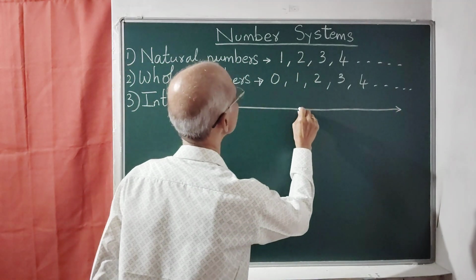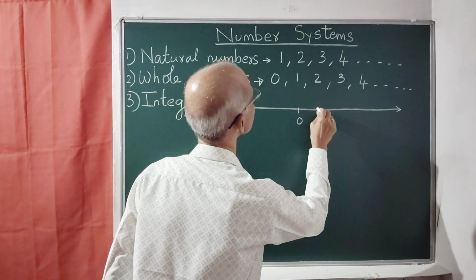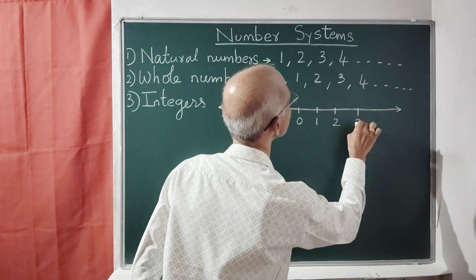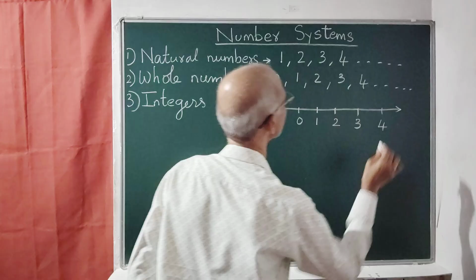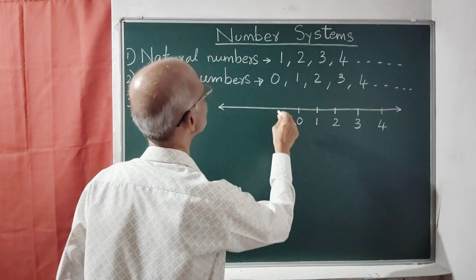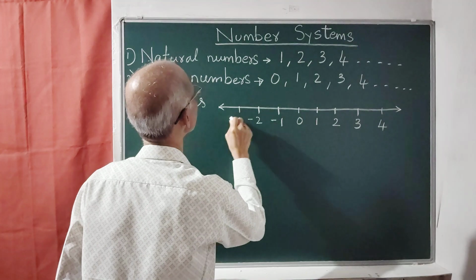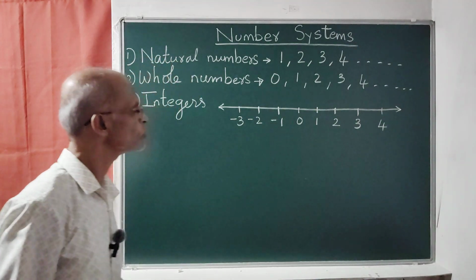In the middle we have got 0. On the right side we have got +1, +2, +3, +4. On the left side we have got -1, -2, -3 and so on.